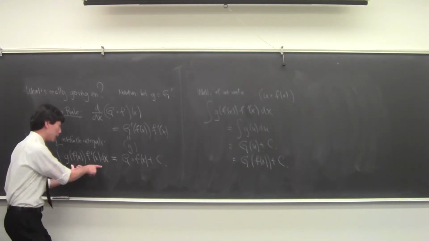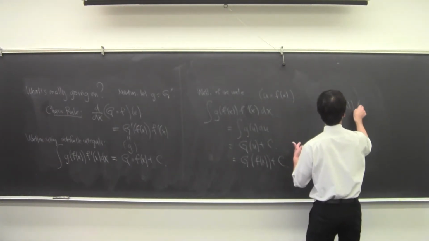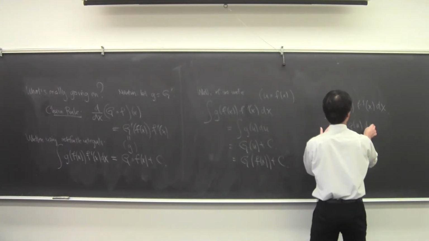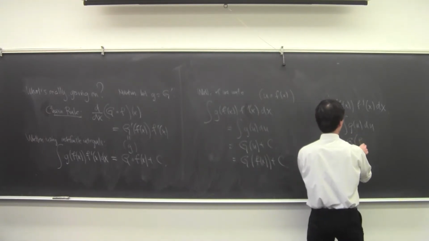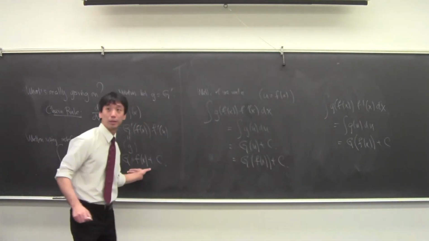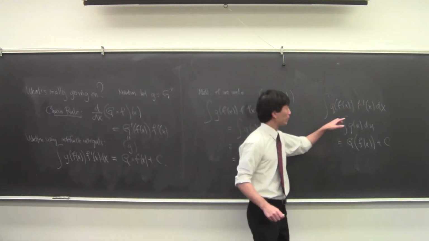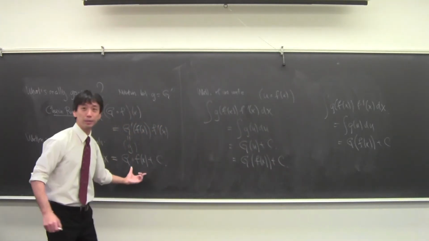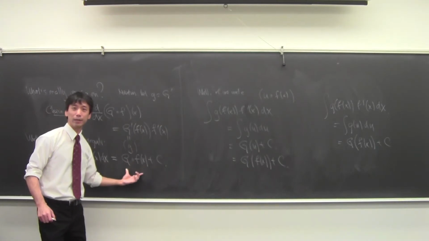Okay, so if somebody gives you this thing here, and you do this u-substitution, you see what you get. You're going to get this thing, which is the right answer. Okay, so it's just that doing the u-substitution allows you to get to the actual antiderivative. It's a sort of a shortcut of saying the actual antiderivative.